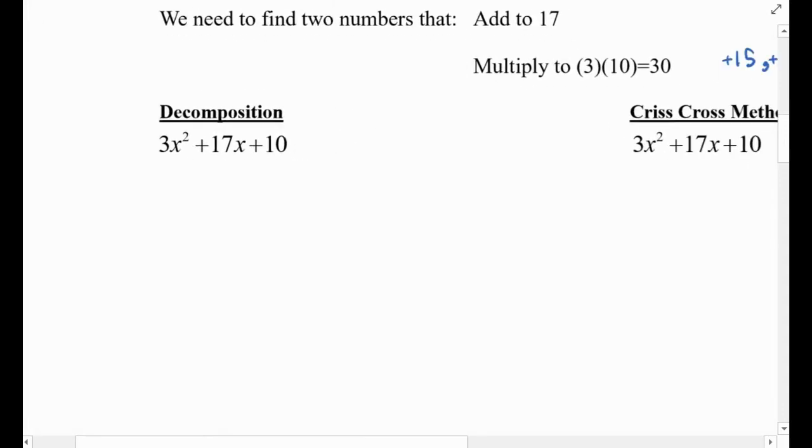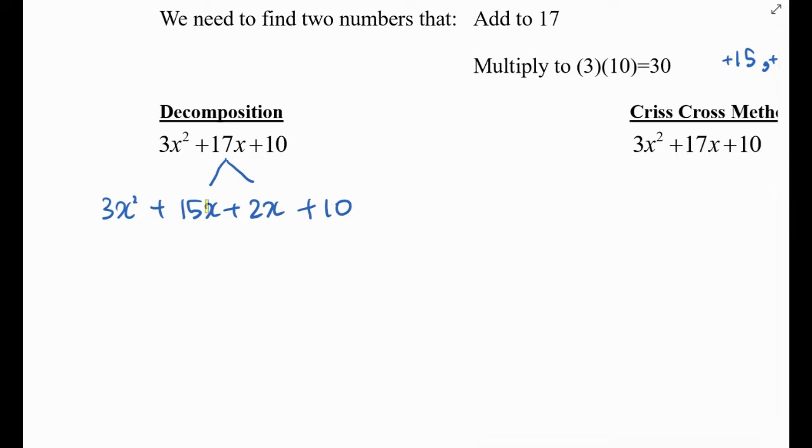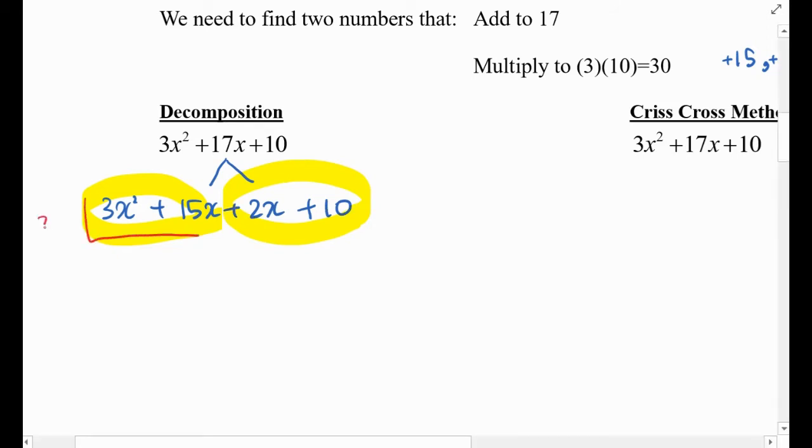To do the decomposition method, you're going to split 17x into two terms, 15x plus 2x. So let's rewrite everything, and everything else is the same. You just group those two up, and factor out the GCF.